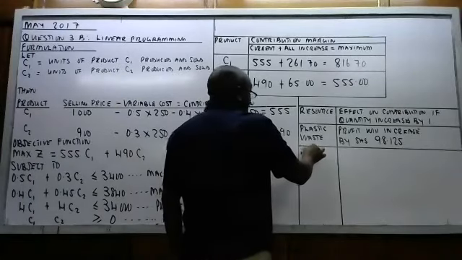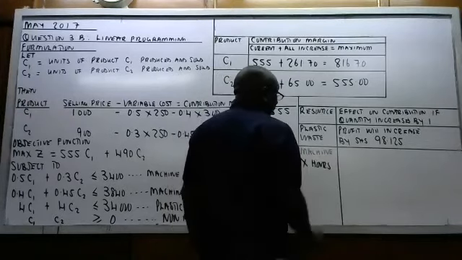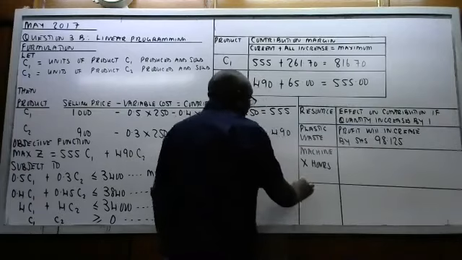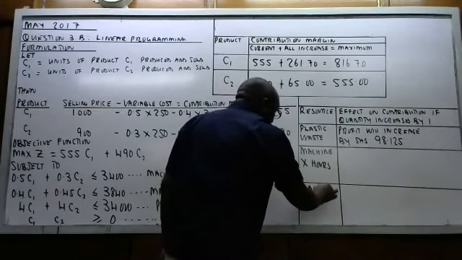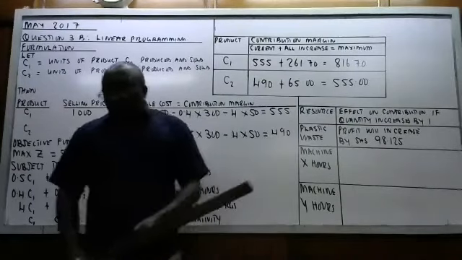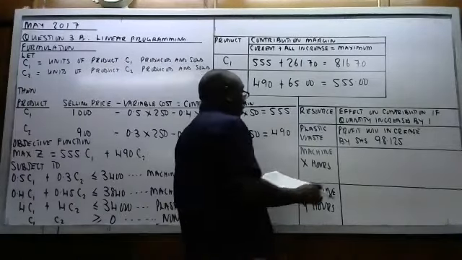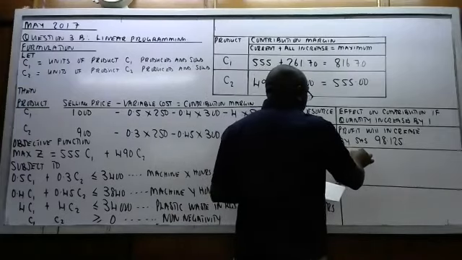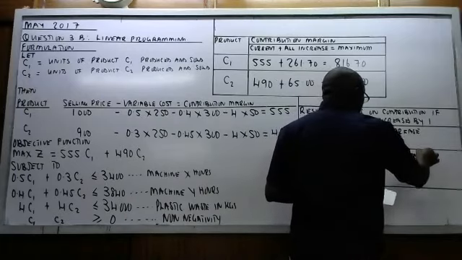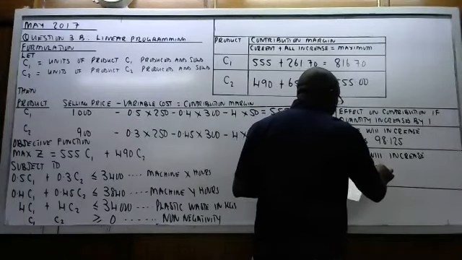Then you go to machine X hours. Then finally, here I will have machine Y hours. So you will say for machine X, profits will increase by shillings 325.